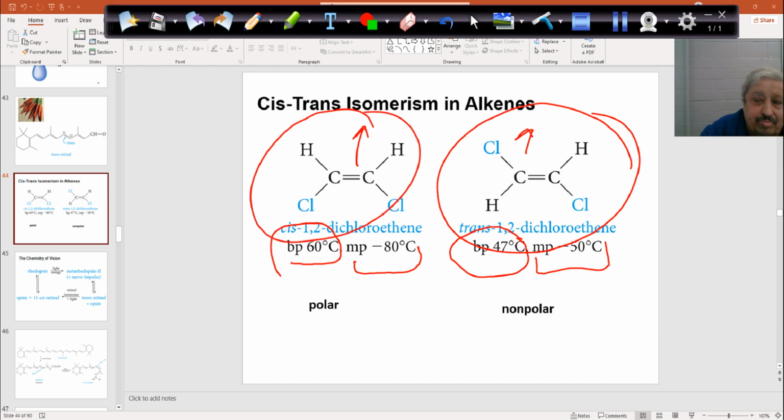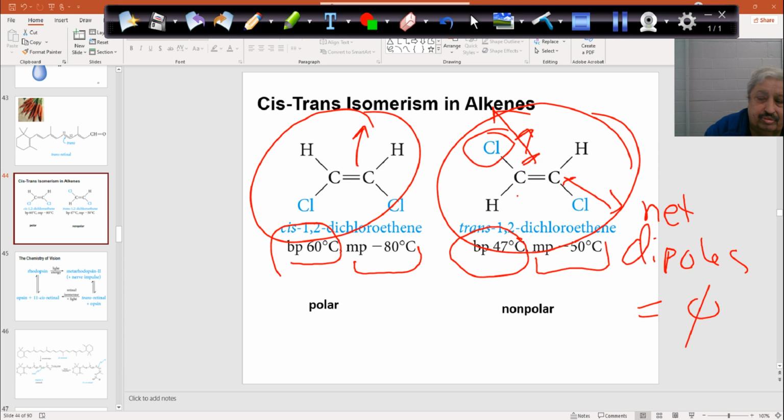Well, it turns out to be those dipoles. Chlorine is higher in electronegativity than carbon, so the dipoles will point this way, and from here the dipoles will point this way. Those two dipoles are the same strength, opposite direction, so the net dipole will be 0. Correct?